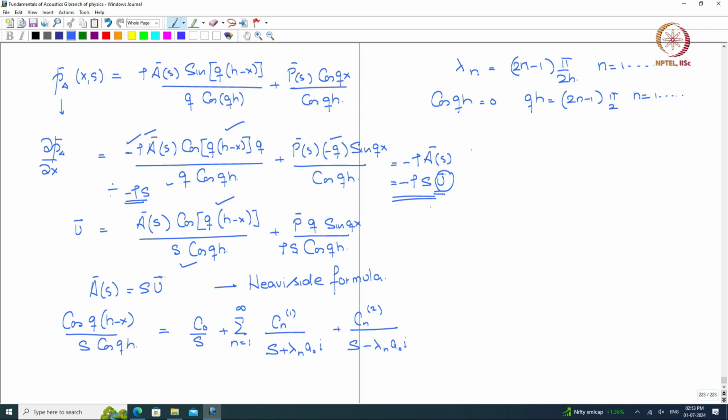For example, the C0 can be found how? By multiplying with S and taking the limit to 0. So we get C0 as limit S tending to 0 of cos Q of H minus X by cos QH, that turns out to be equal to 1.